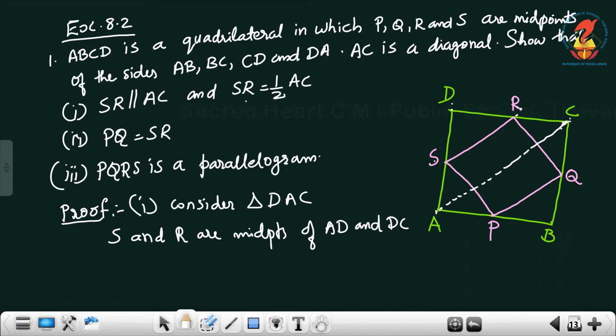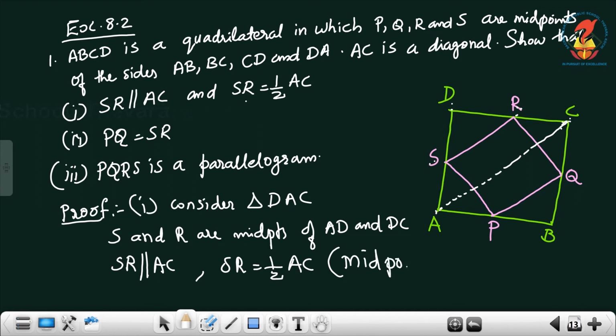By midpoint theorem, we can write SR parallel to AC, next SR equal to half AC. In bracket you write the reason, midpoint theorem.